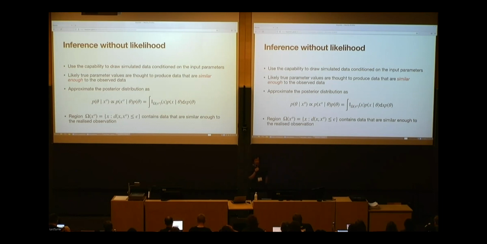So what is similar data? We need some kind of mechanism to compare data sets. We need some way of saying that this data set is better than the other data set. And in approximate Bayesian computation, we can approximate the posterior distribution based on this idea that we replace the likelihood function, the p of x not given theta, with the integral of the probability that you have generated data that is close enough to the observed data.